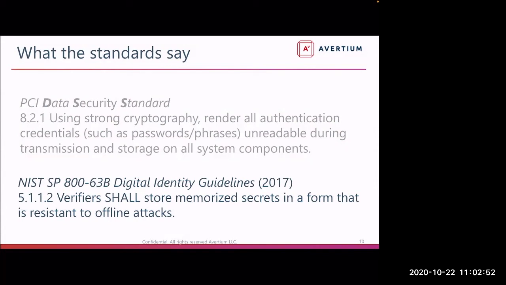But in this particular case, we're interested in 800-63B, Digital Identity Guidelines from 2017. And it has a line there called verifiers. Verifiers, meaning the people who are checking passwords, shall store memorized secrets in a form that is resistant to offline attack. And notice they're actually saying offline, because they know the concern is effectively someone just generating hashes against it.